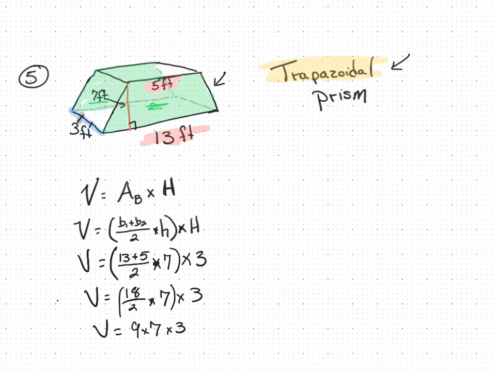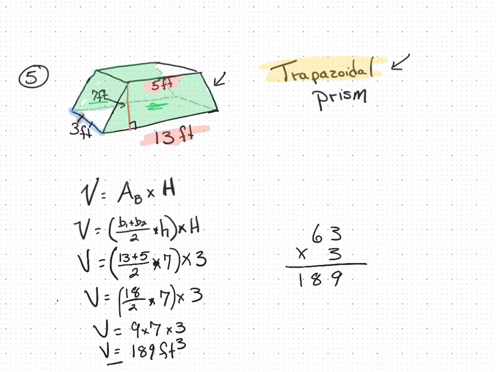Okay, so let's see. 9 times 7 is going to give me 63, times 3 will give me 189. And of course, feet cubed. Don't forget your units.